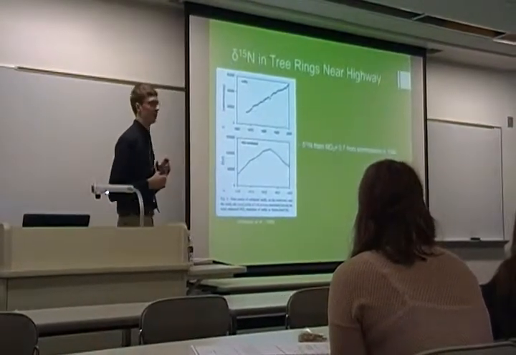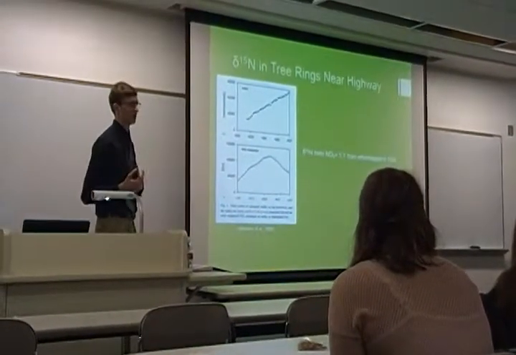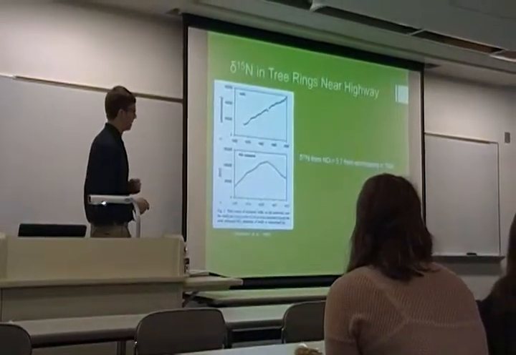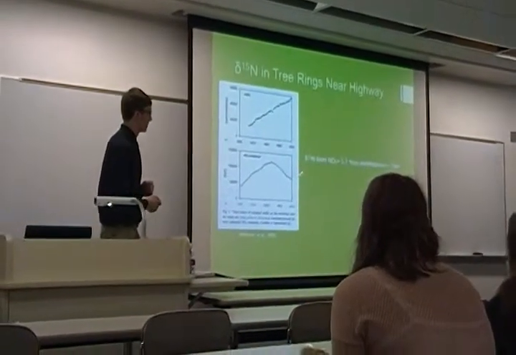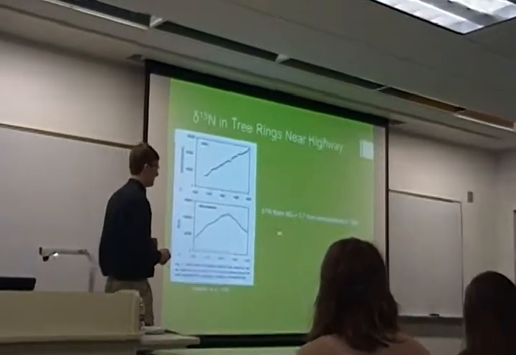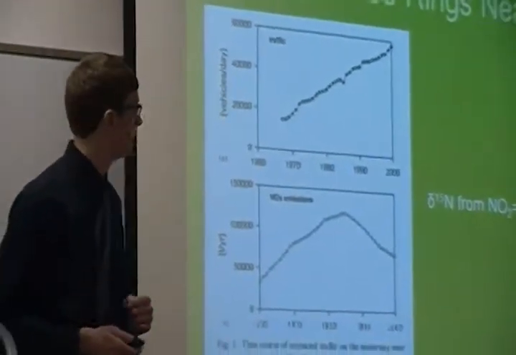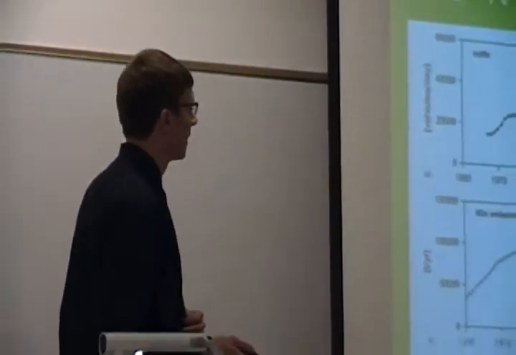They measured just the isotope ratio of NO2 gas, and they got 5.7. And that's gonna come in and be really important in just a little bit.